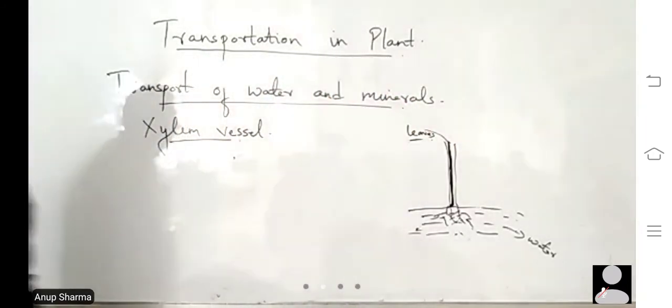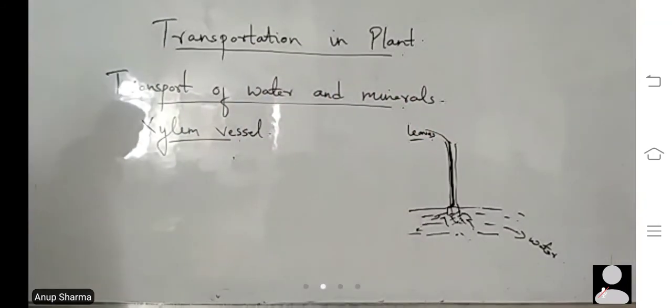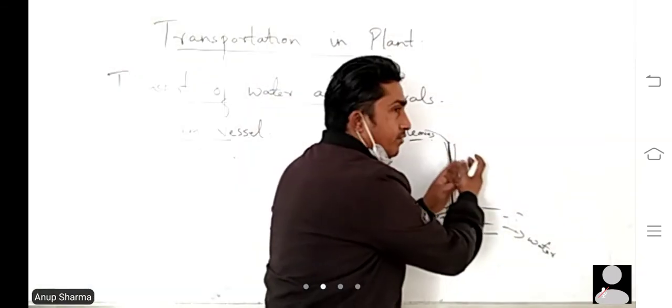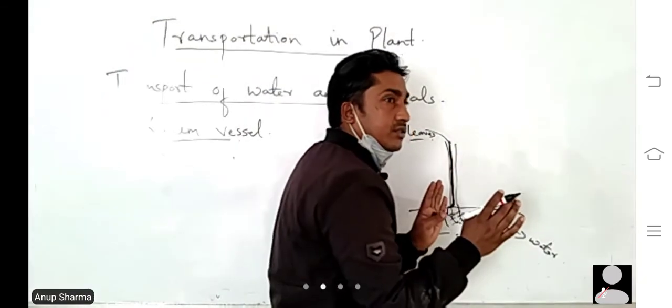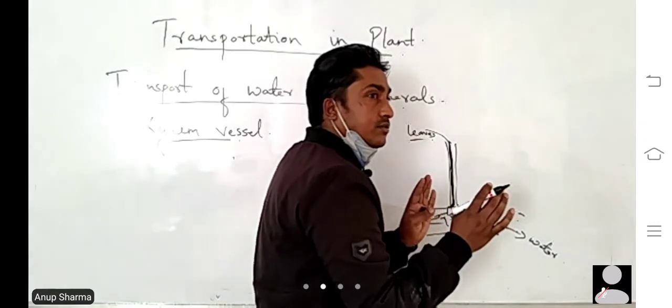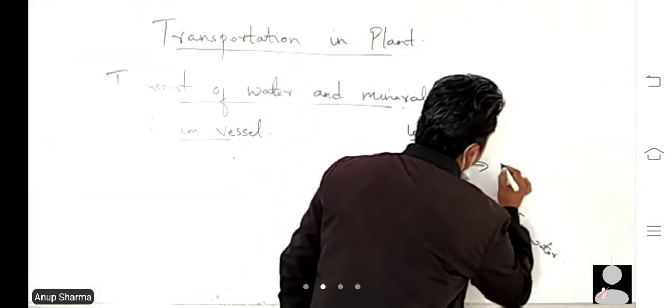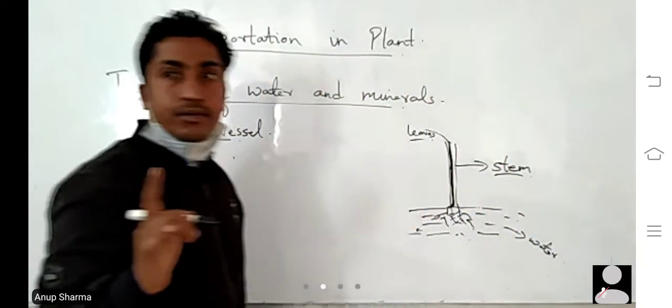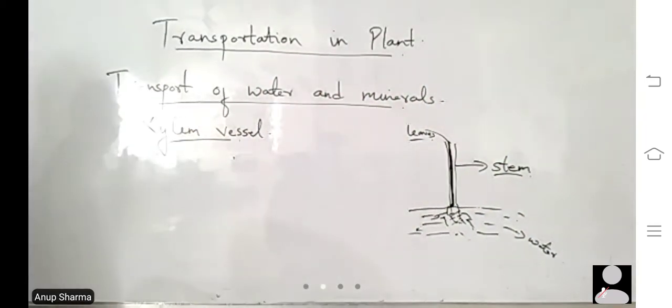The absorbed water then moves up the stem through the xylem. So the xylem and phloem are present in which part? The stem. Always remember, it is present in the stem of a plant.